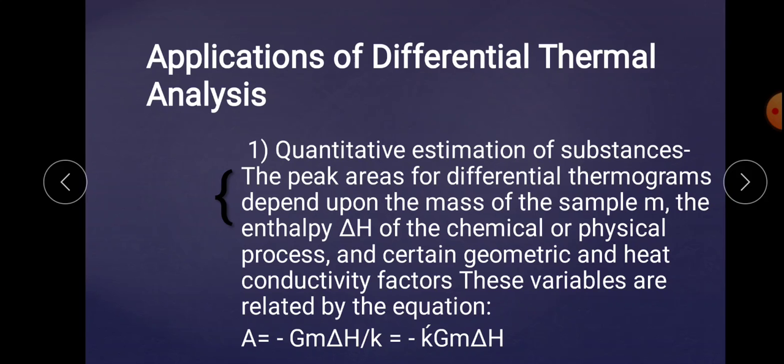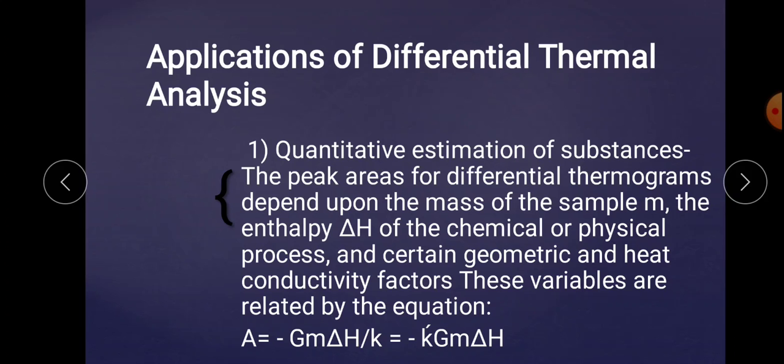These variables are related by the equation A = -G m delta H / K, or it can be modified with another factor K dash, so A can also be written as A = -K' G m delta H. So the first application is that we can identify the quantitative estimation of a substance by using a differential thermogram.